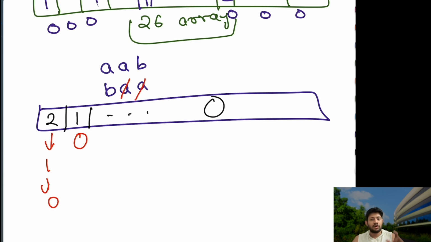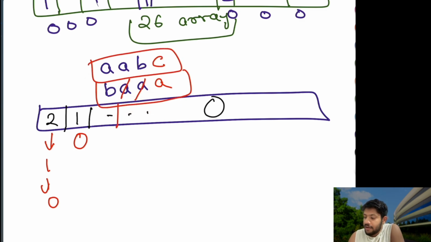If we have any number of 1 or any number of -1 in our array, it is not an anagram. Let us say we have this BAA and we have one more A here. If this is our string, and let us say the first string is this, in this case we will have a 1 here. This particular data will represent the count of C. When we are processing this, we will have 2A, 1B, 1C.